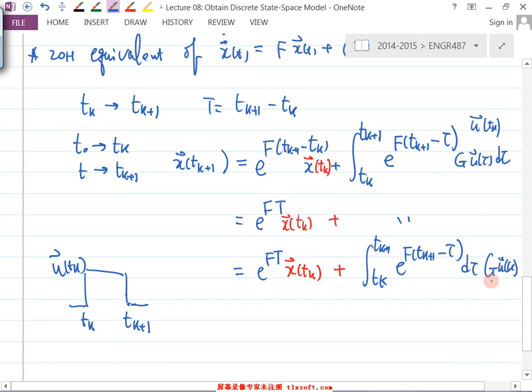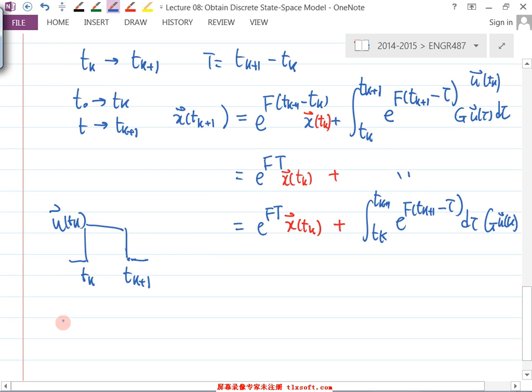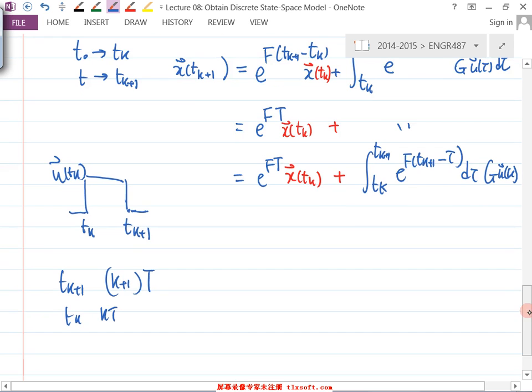So the solution is based on this replacement, and you get this expression here. Now the idea is discretizing. The tk plus 1 moment, in terms of our sampling, is really just k plus 1 times T, and the tk moment is really just k times T. So I can rewrite this solution here.